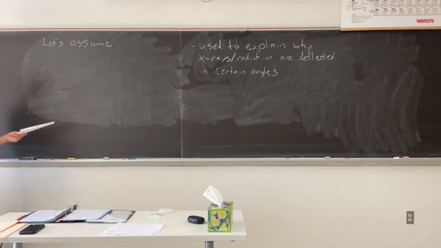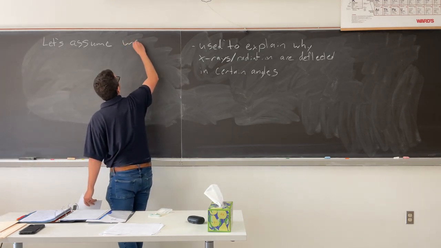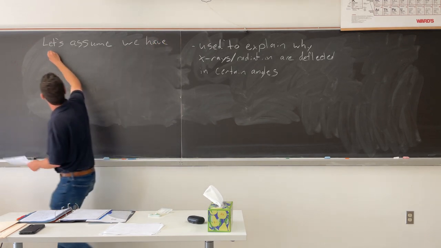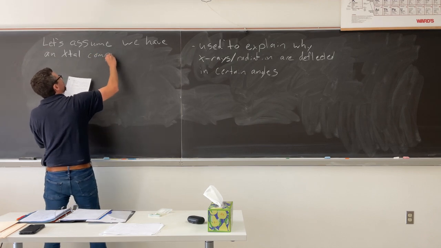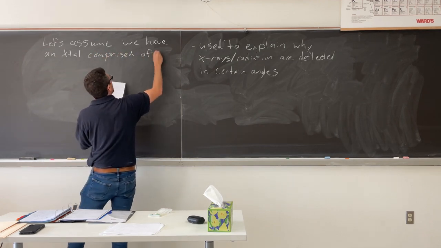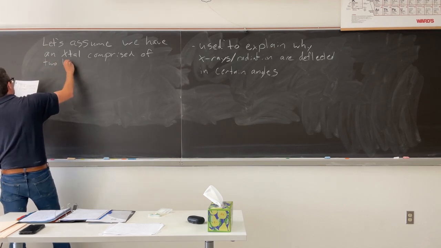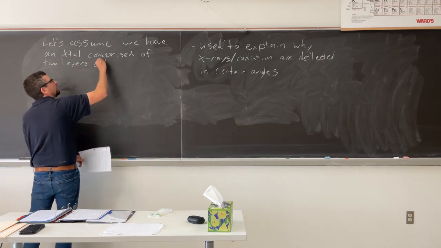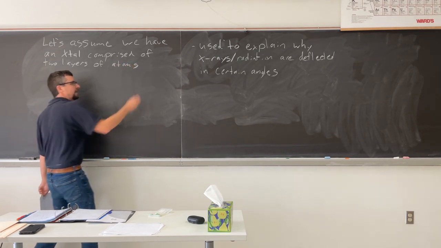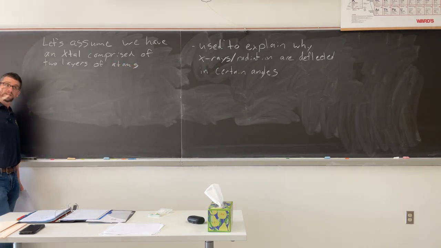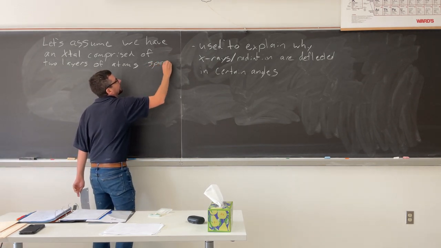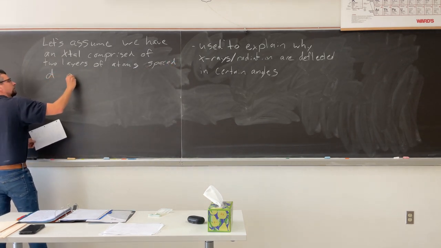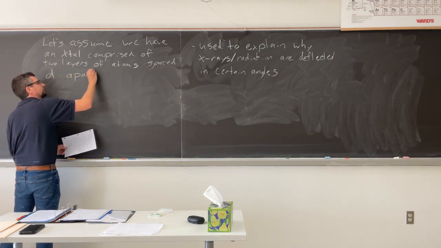Okay, so we're going to assume we have a crystal that is comprised of just two atomic layers. Two layers. And then these atoms are spaced d apart, so a distance of d.